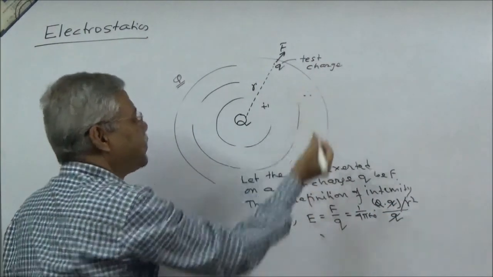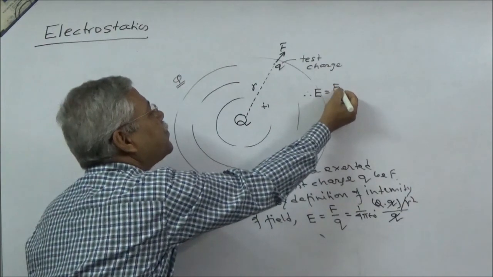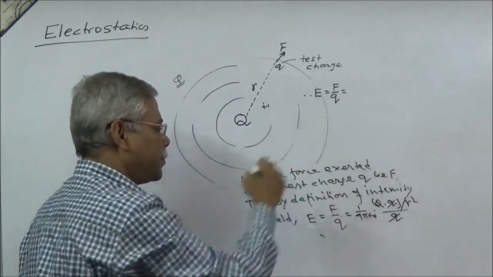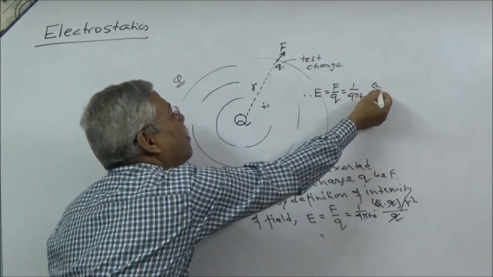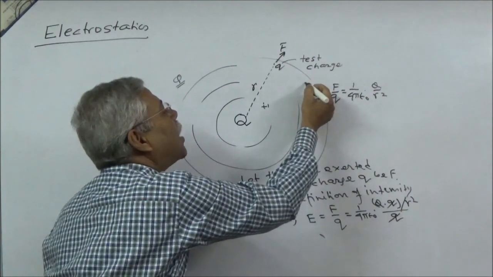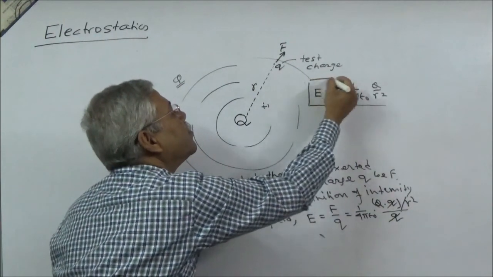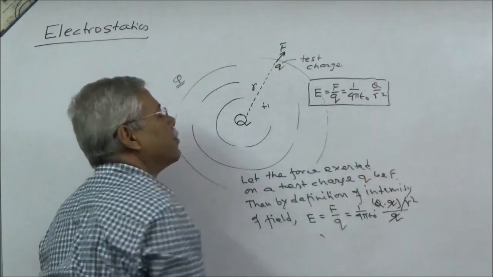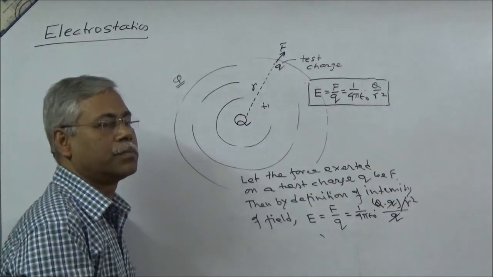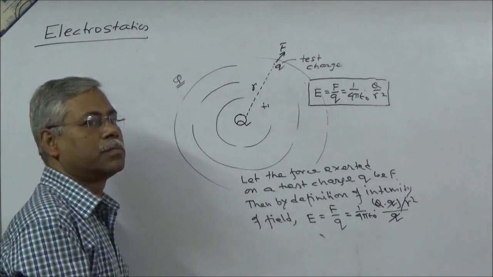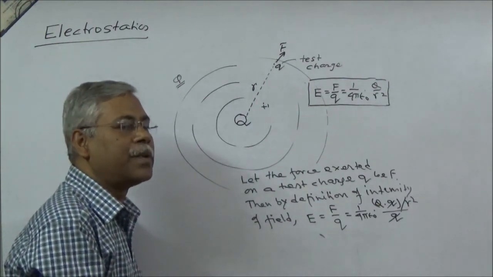Hence E equal to F by Q equal to 1 by 4 pi epsilon naught into Q by R square. This is the complete formula.